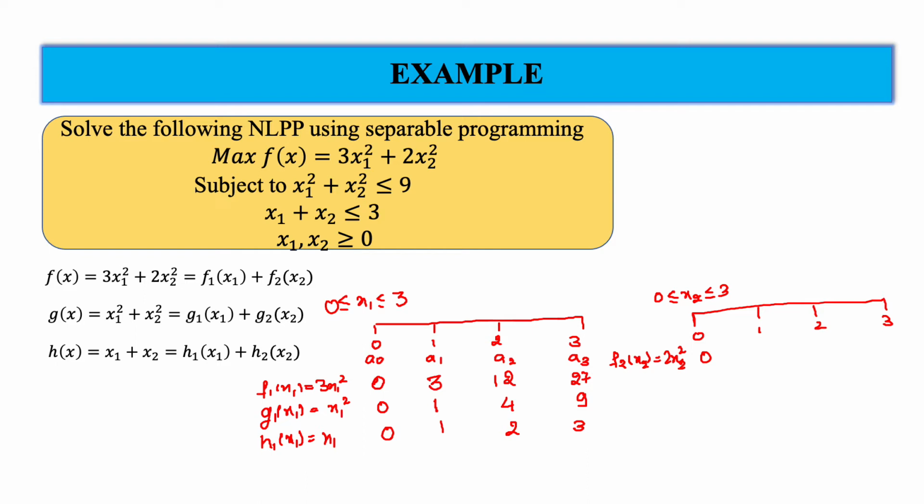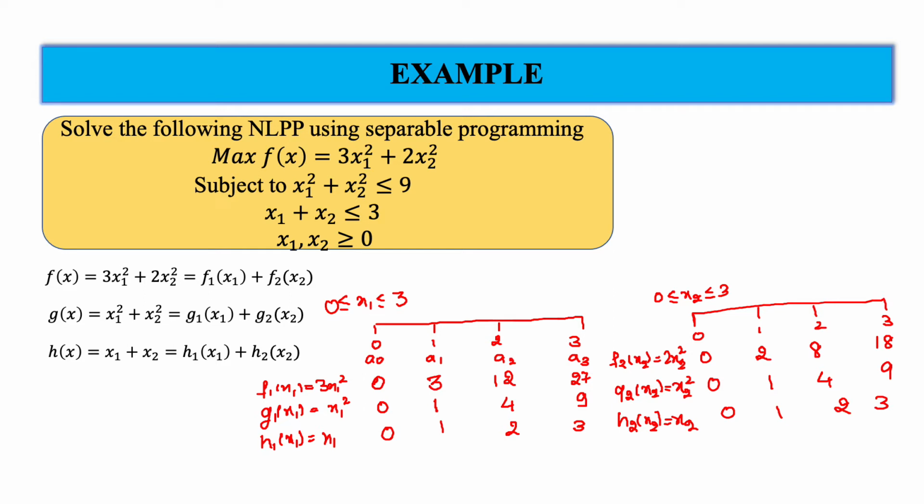For 1 it is 1 square into 2, which is 2, for 2 it is 4 into 2 is 8, and for 3 it is 3 square is 9, 9 into 2 is 18. Similarly g2(x2) gives x2 square, that is 0, 1, 4, 9, and h2(x2) is x2 itself, so that is also 0, 1, 2, 3.